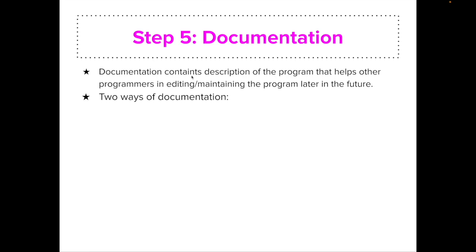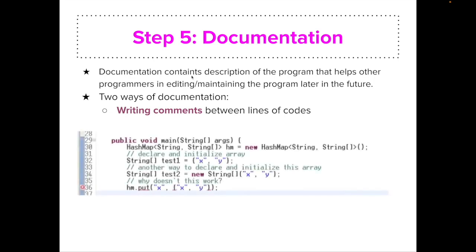Okay. How can we do documentation? There are two ways. The first one is we can write comments in between lines of our codes. What is an example? Okay, you can see this is also in Java. The green color, this is what we call comments. It basically explains what the code we wrote does. For example, string test 1, x and y. This is its explanation: declare and initialize array.